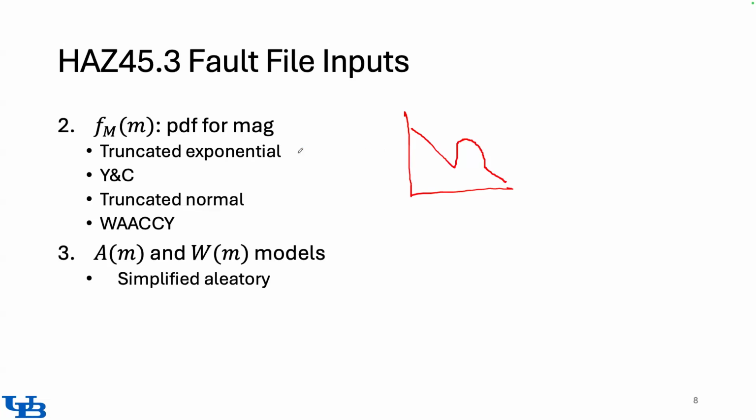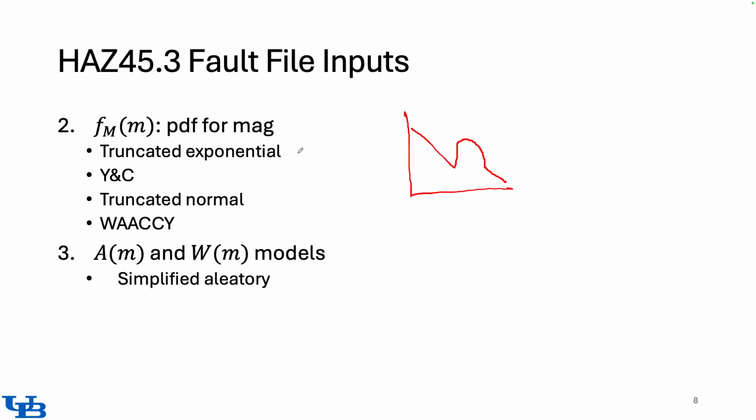So you need to select which model you think is applicable, and then which relationship you should use to calculate the area and the width as a function of the magnitude.